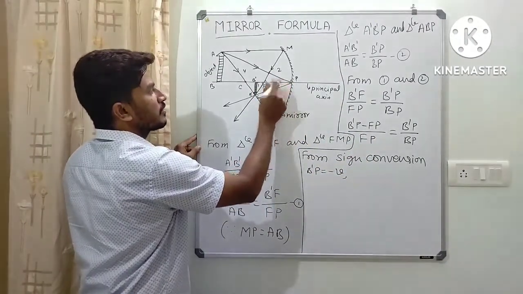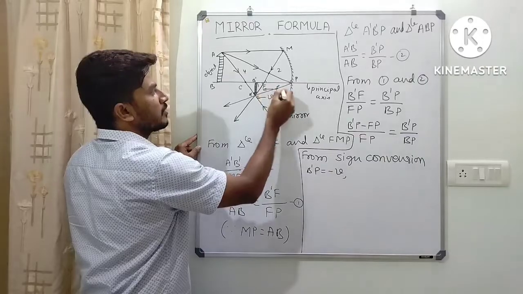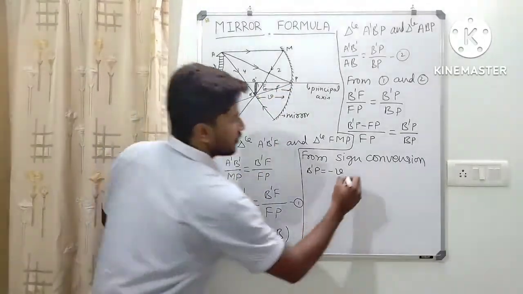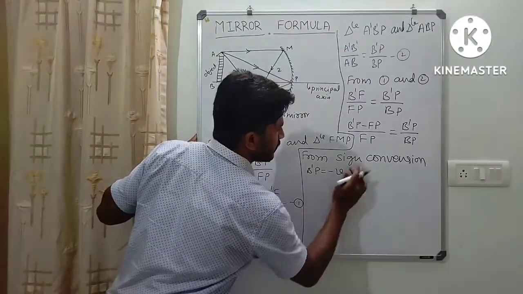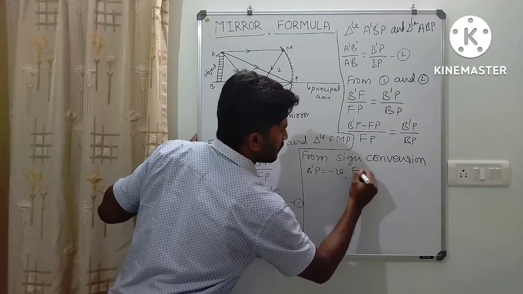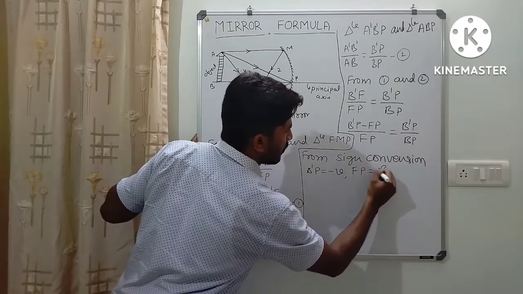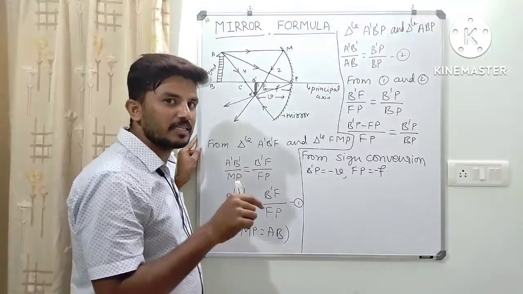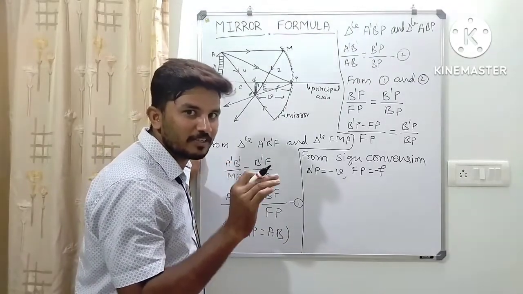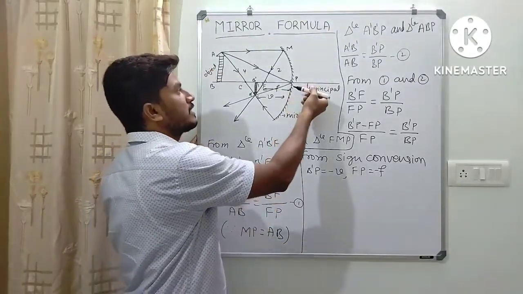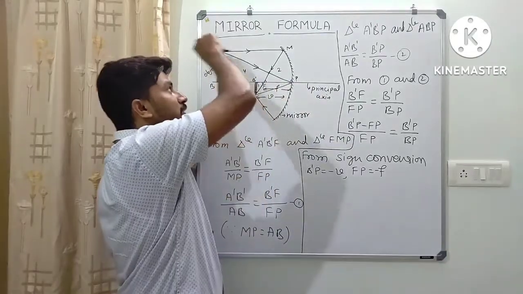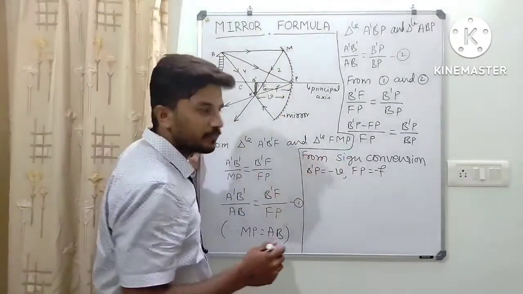It's nothing but the focal length. So FP is equal to minus F. Why am I writing minus here? Because of the sign convention. The distances measured in the opposite direction of the light ray are considered negative.